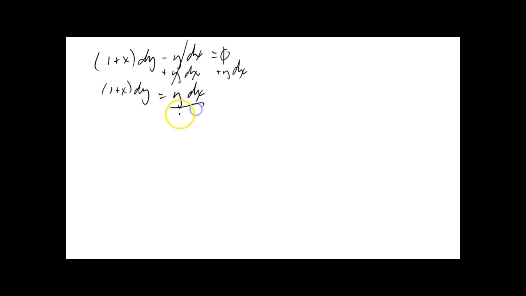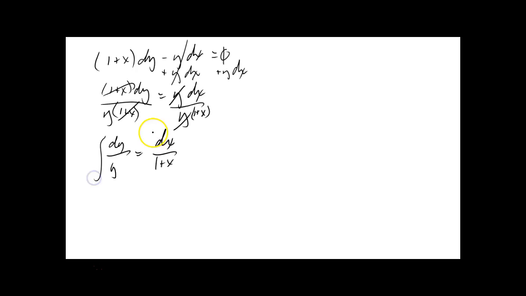And now divide both sides by y, but also divide by 1 plus x, because you want your 1 plus x's over here with the x, and you want your y's over there with the y's. So here those go out, these go out, and you have dy over y is equal to dx over 1 plus x.